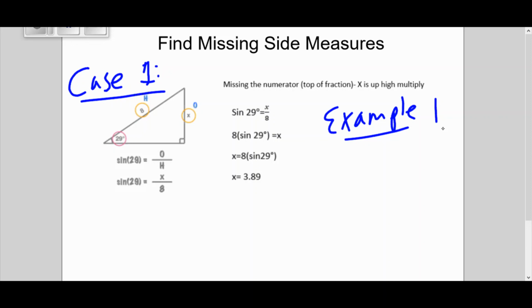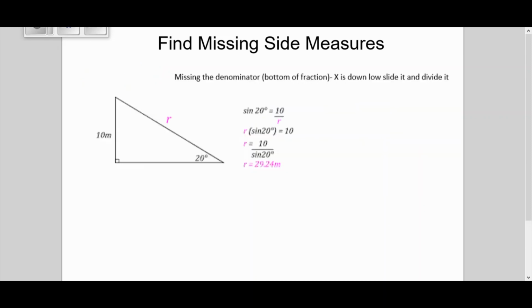And if x is in the numerator, then you just multiply both sides by the denominator. And that was a pretty straightforward one to do. You just put the multiplication in your calculator. The second case that we came up with, and this usually is a little bit more challenging, is when you're dividing by the letter. And we saw this in examples 2 and 3.